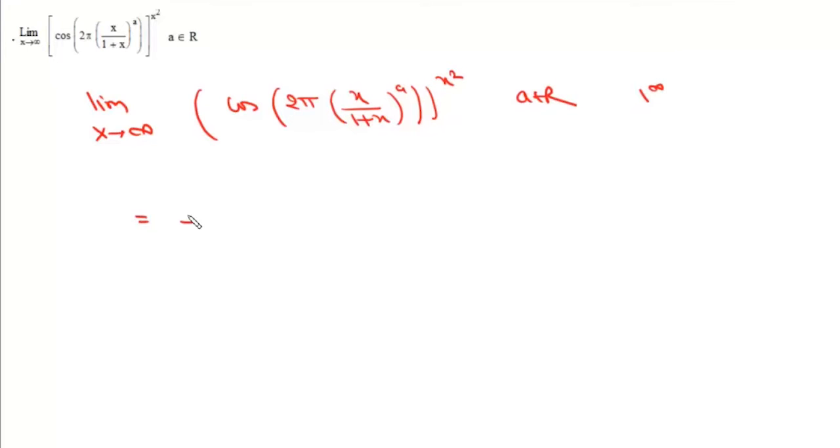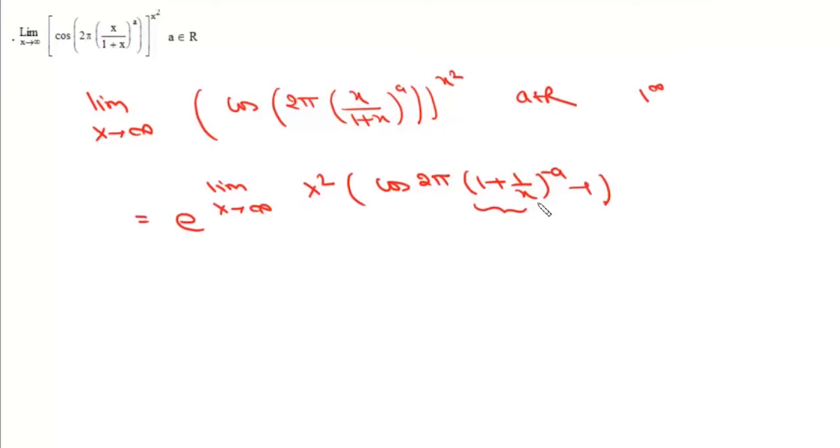So it will be e to the power, and then the limit as x tends to infinity of x square into cos 2 pi. Now we'll actually write this as 1 plus 1 upon x to the power minus a, and then minus 1. Now here we'll use the binomial expansion of (1 plus x) to the power minus n.